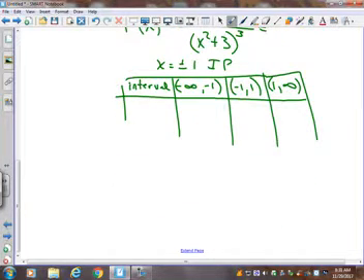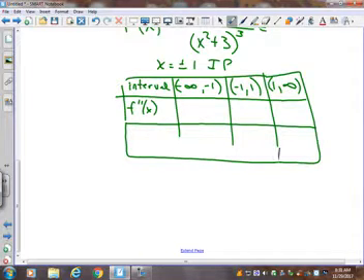And then we're going to choose some values to put in the second derivative so that we can evaluate to see if it's positive or negative in each region. And like before, we'll have our signs, the little pluses and minuses.